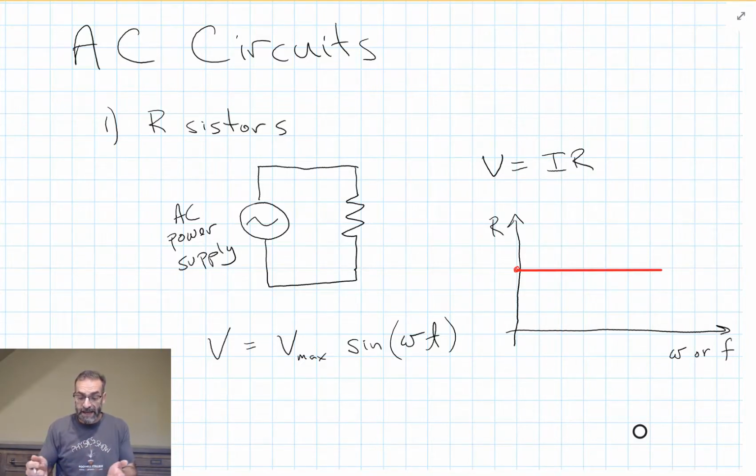It's independent of the frequency. The resistor always has a resistance R, and it always has the same impact on the charges moving through the circuit. The resistor hinders the motion of the charges. It makes it more difficult for those charges to move through the circuit.